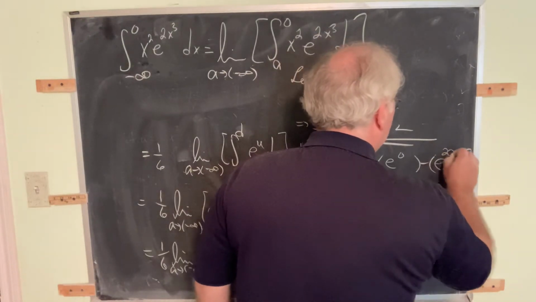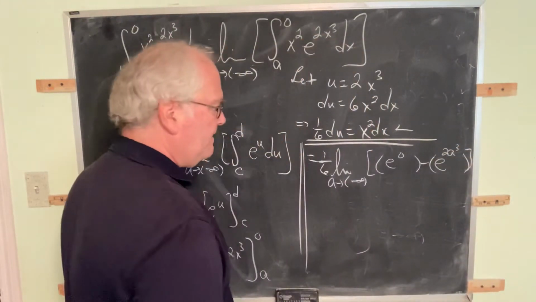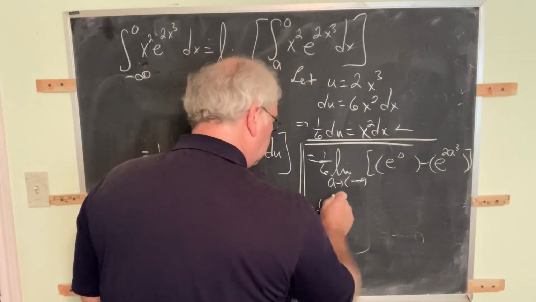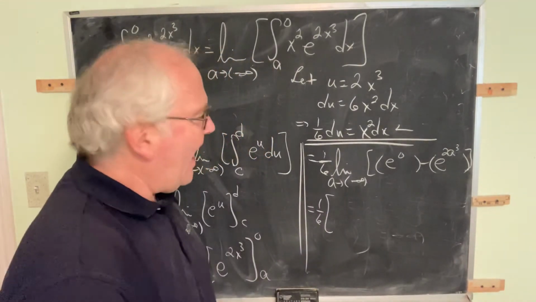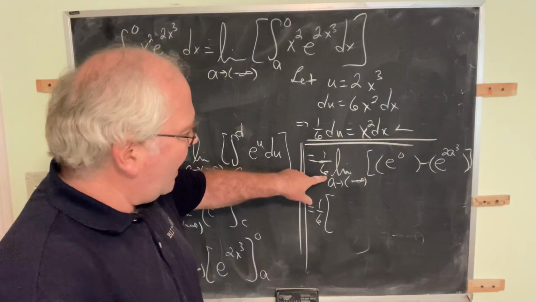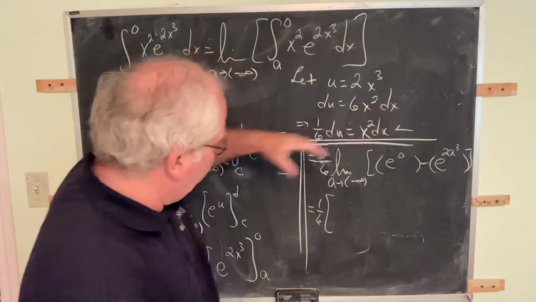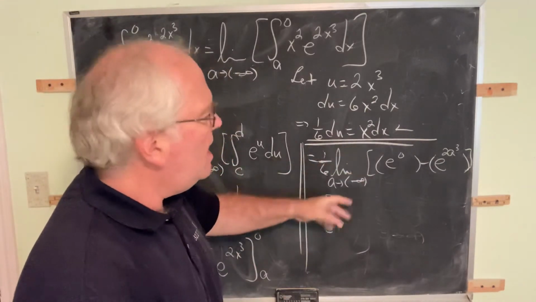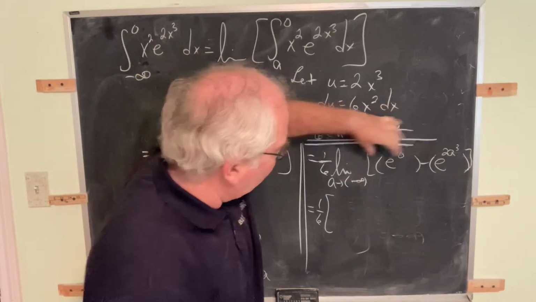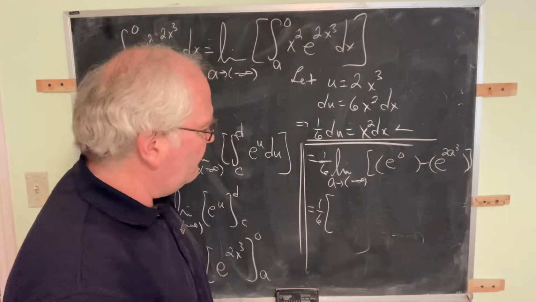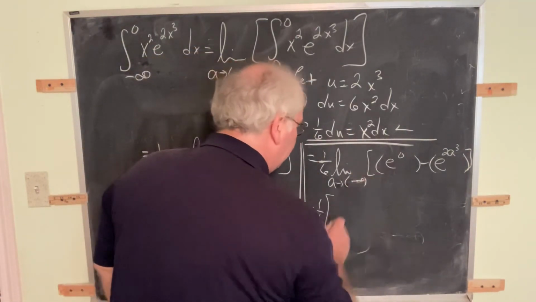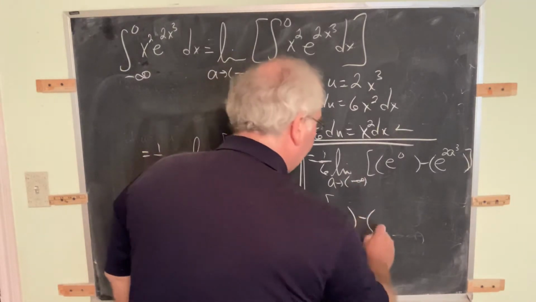Now we've substituted the upper limit of integration and the lower limit of integration, we've evaluated the integral, and so now we actually evaluate the limit as a goes to negative infinity. The limit of a constant is the constant. e to the 0 is 1.